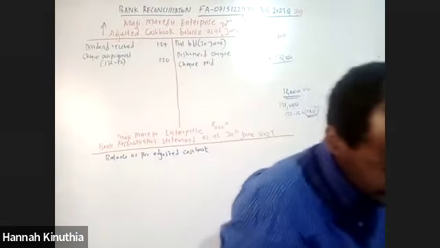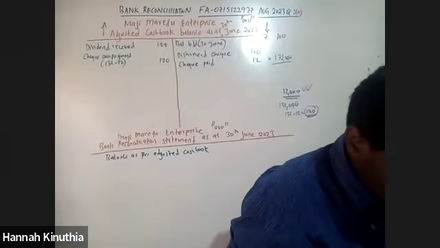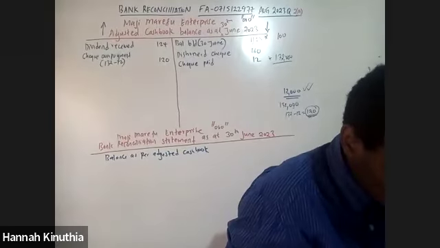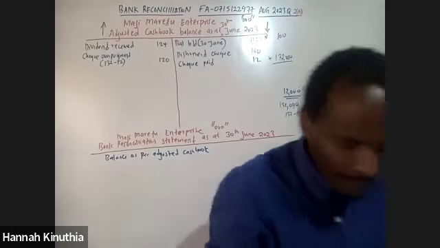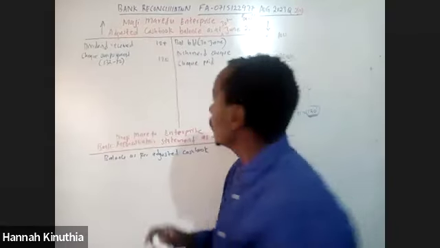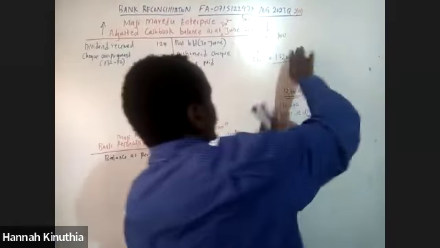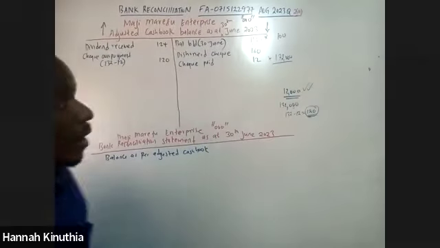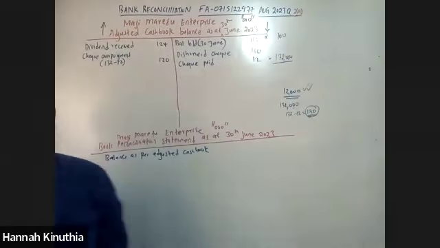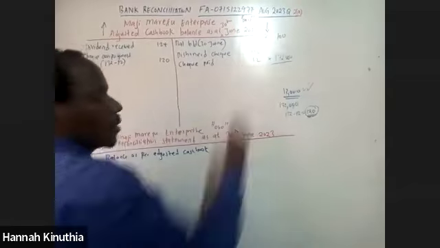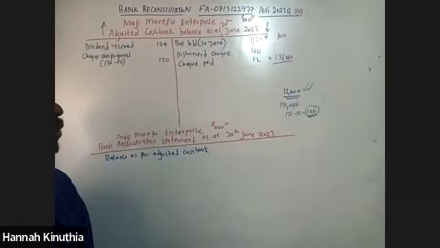The balance brought forward as per the cash book was overstated by 100,000. Now, this balance is on this side. Was overstated by 100,000. Now, how do we correct that item?